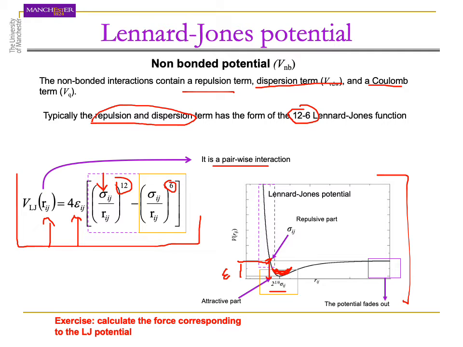However, it never reaches zero at a finite distance r, but it approaches zero asymptotically. That means that the Lennard-Jones potential tends to zero when r goes to plus infinity, but is never zero for a finite distance of r. This fact turns out to be really important for molecular dynamics calculations and will be described in more detail in a later slide.